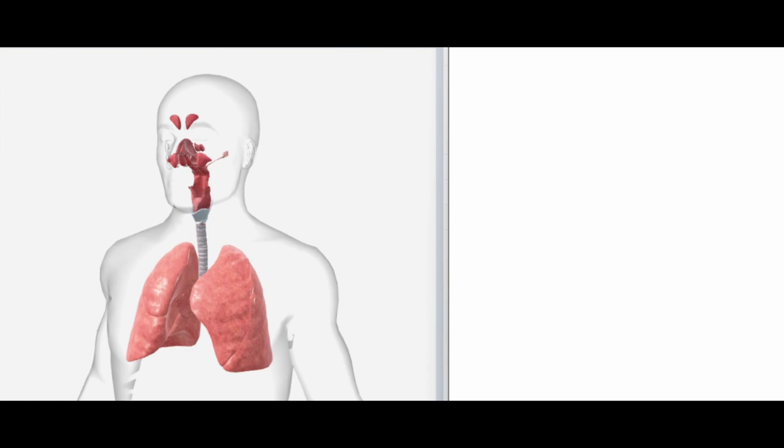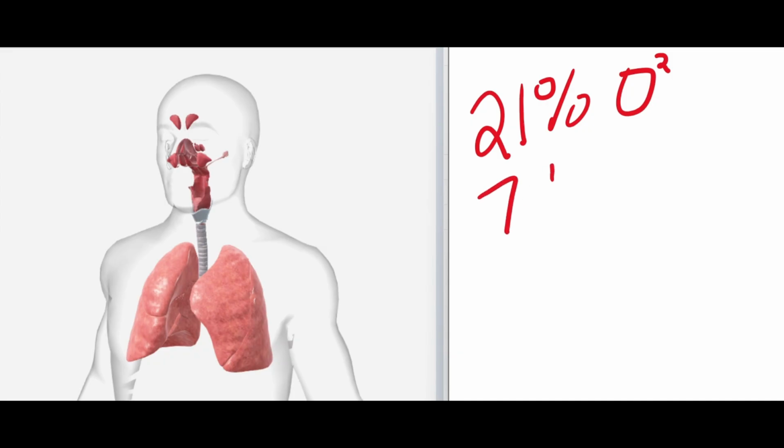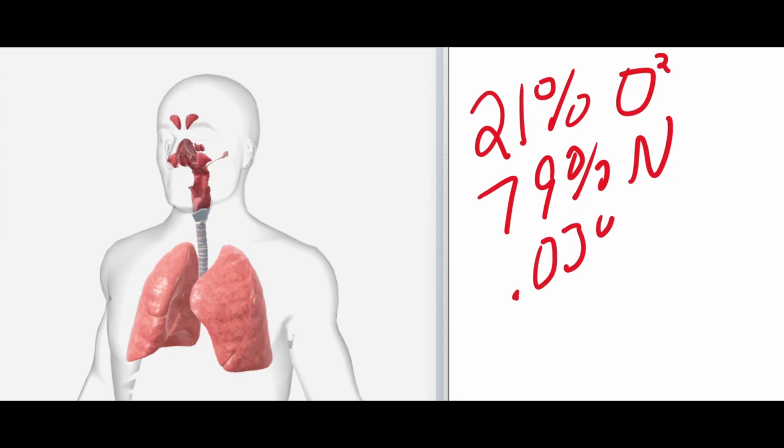And so just for a quick recap, as far as ambient air, we are looking at 21% oxygen in the ambient air. That's the air that you're breathing right now. Some of the other gases of importance are the most prominent, 79% nitrogen, and just 0.03% is CO2 or carbon dioxide.